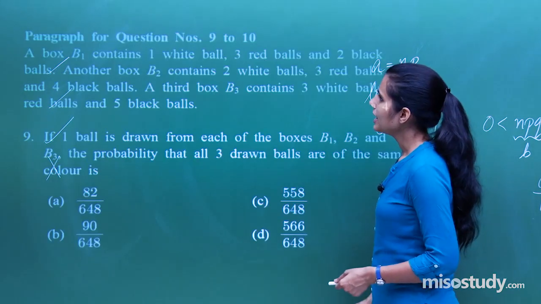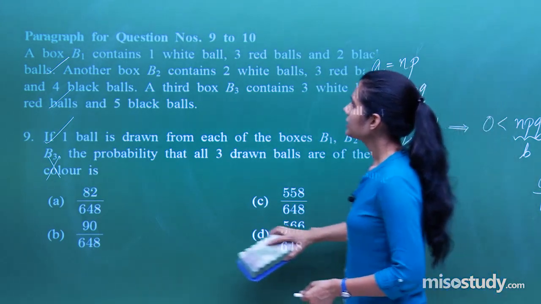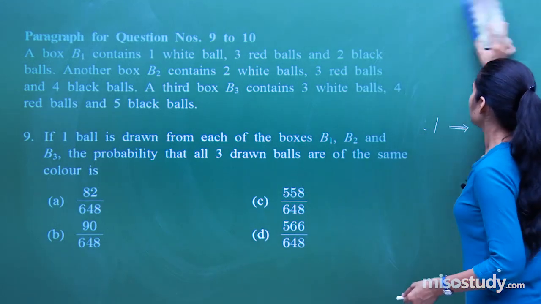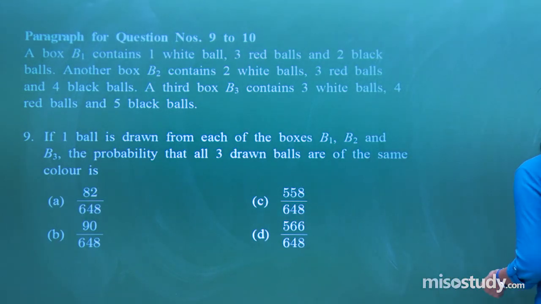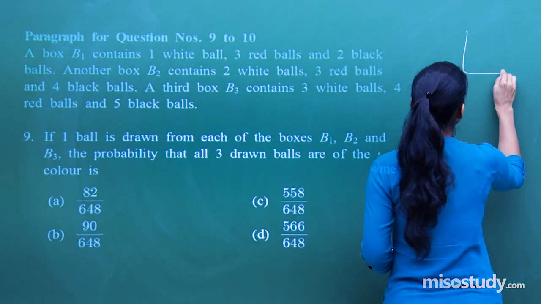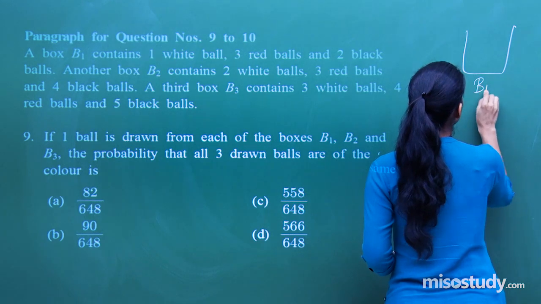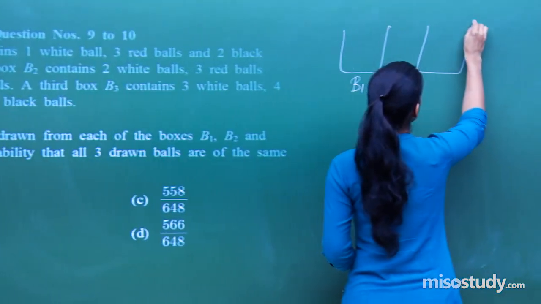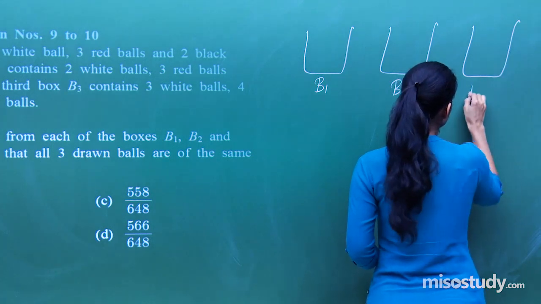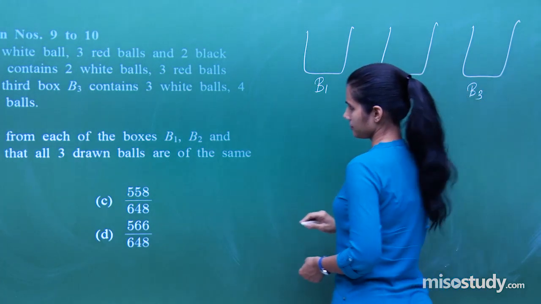Moving on to the next, we have a box B1 that contains one white ball, 3 red balls. So let's try to incorporate this setup nicely. What is it that we have? There is a box B1, then there is a box B2, and there is this B3.